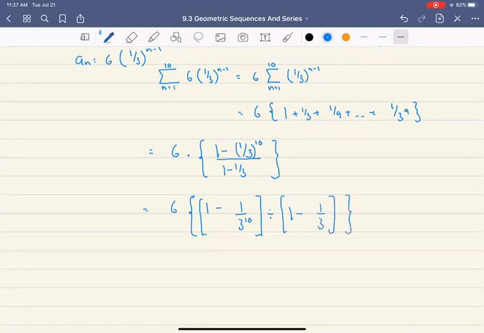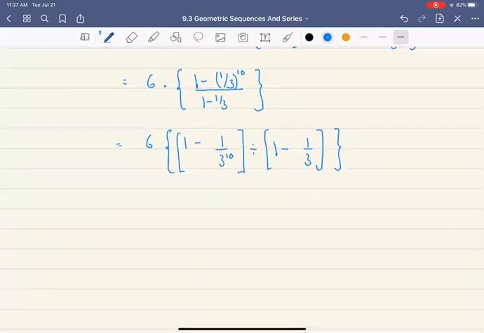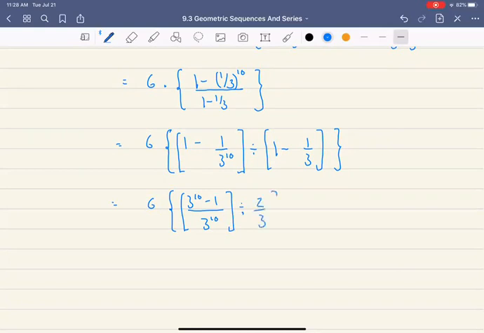You guys should know by now I am a fan of old school division signs. So that's going to be 6 times, now here we're going to do common denominators, 3 to the 10th minus 1 over 3 to the 10th divided by 1 minus 1/3, 3 over 3 minus 1/3, that's just 2 over 3. Same thing, but since the numbers are much smaller, easier to deal with.